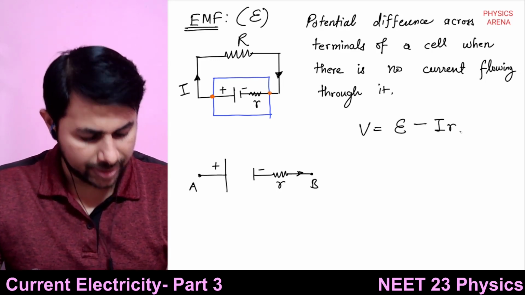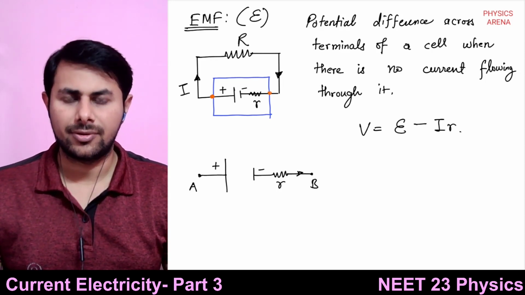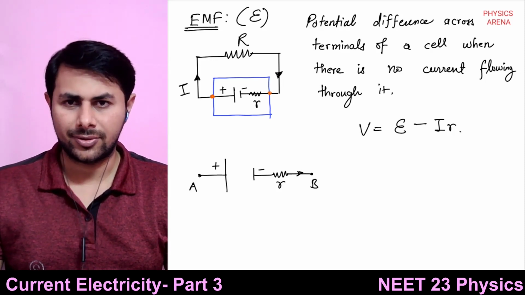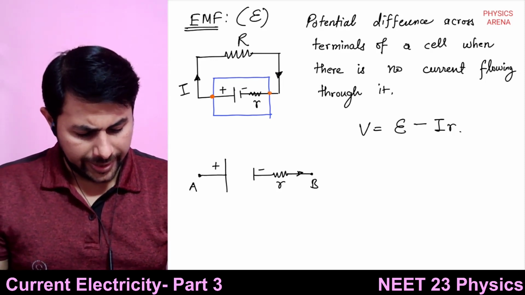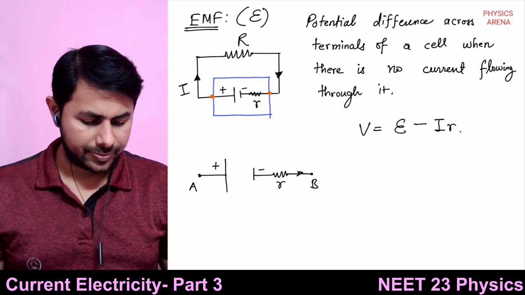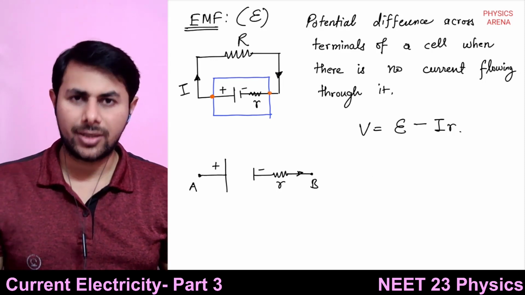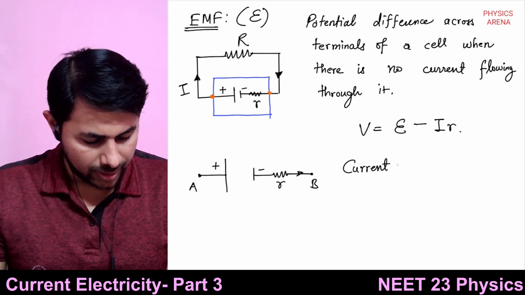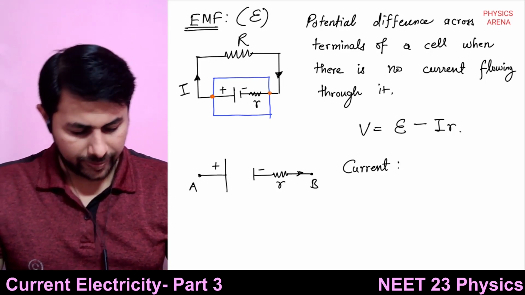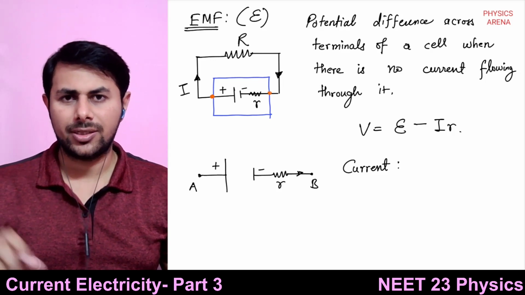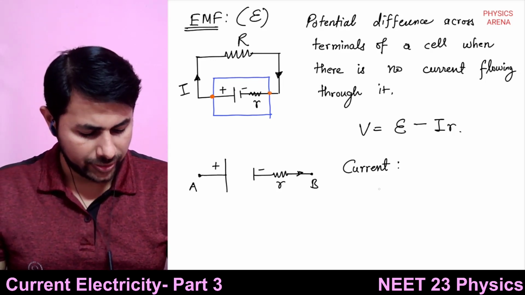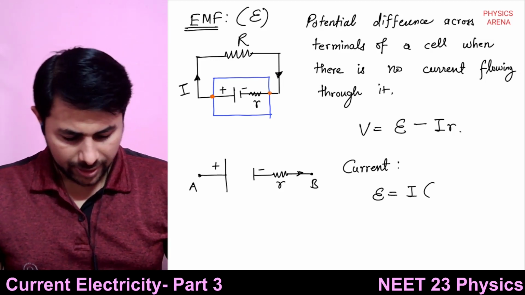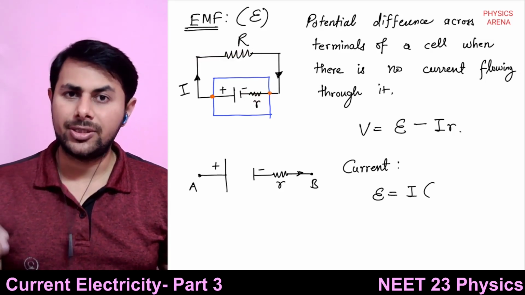So epsilon is EMF minus I multiplied by r. And if you want to find out the current, see, the total potential difference is epsilon. So epsilon is equal to I multiplied by the equivalent resistance of this circuit.